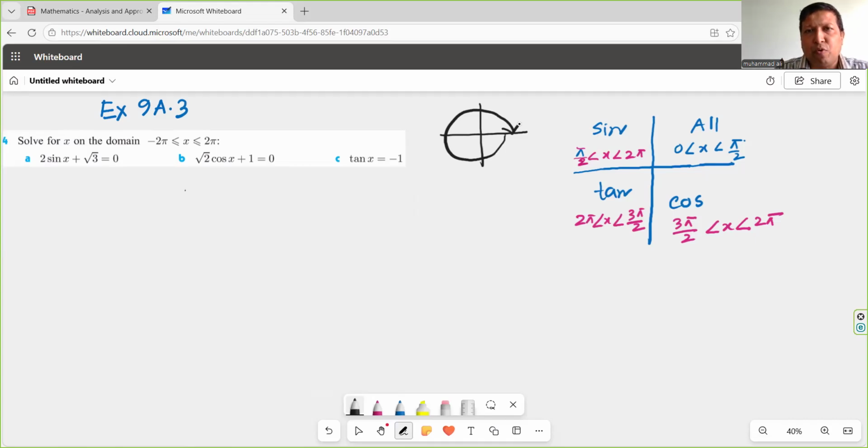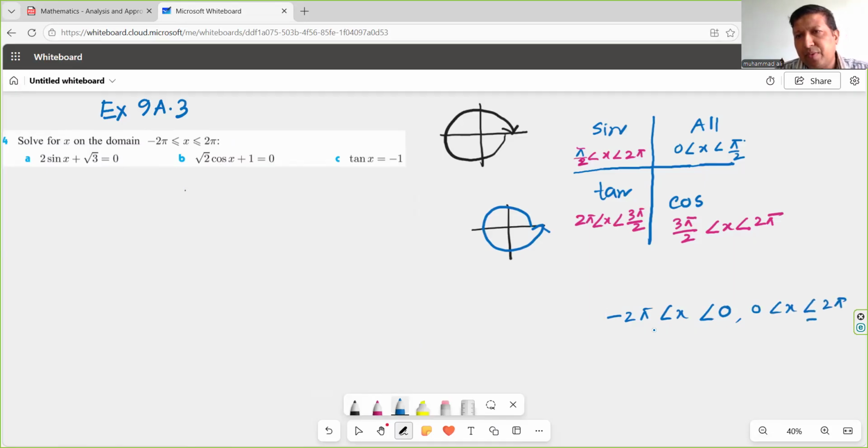And when we move anticlockwise, the value will be in the positive format. So here they gave us minus 2 pi to plus 2 pi. So think in this way: minus 2 pi to 0 and from 0 to positive 2 pi, right? In this way, think.